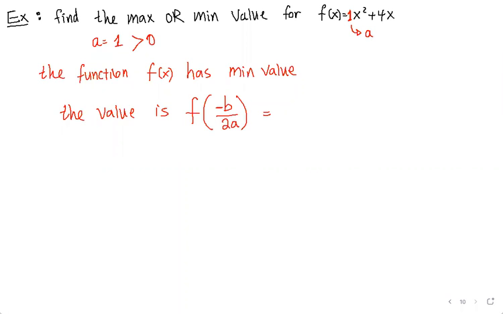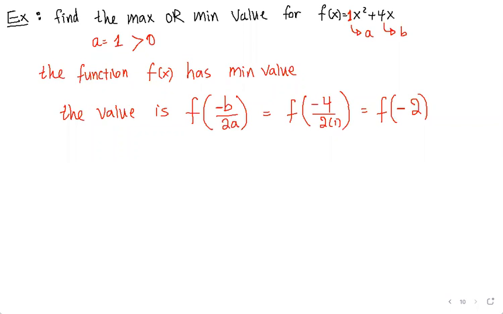By the way, this is a, this is b. That would be negative 4. Negative 4 over what? Over 2a. This is my a, 1. 2 times 1. We get negative 4 over 2, which is negative 2.